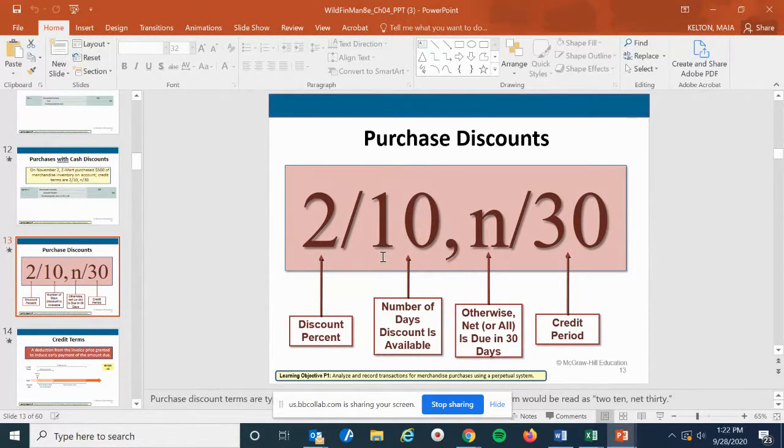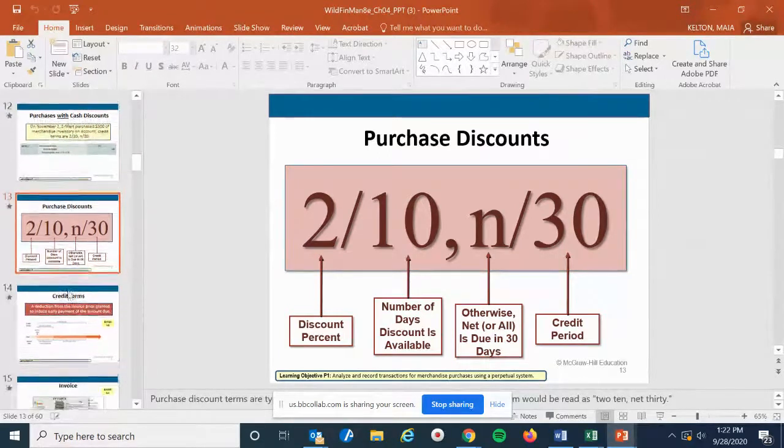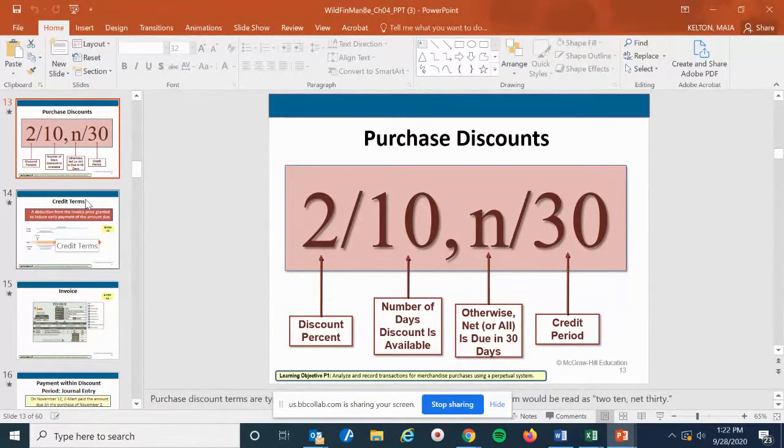And then this here could be anything from 5 days to 15 to 20. So discount percent first, number of days in the discount period, otherwise net, all of it due in the days of the credit period. This here would be 30, 45, 60, 90, depending on the contractual agreement between the seller and the buyer of inventory.